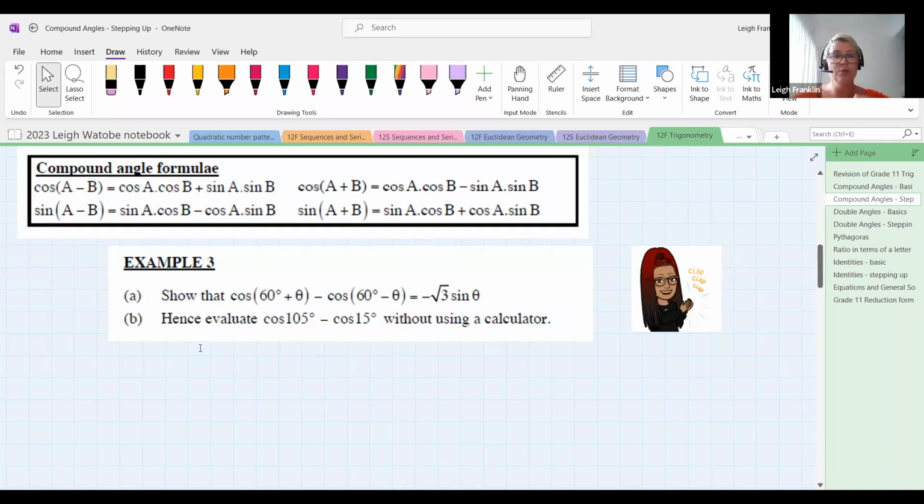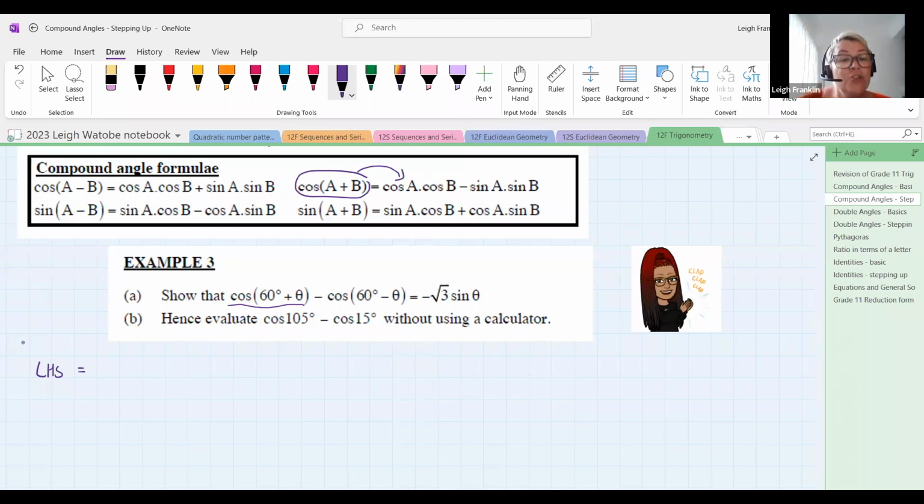Okay, so using our compound angle formulae, let's expand what is on the left-hand side. We are required to write left-hand side equals. It's very important that we're not keeping the left-hand side and the right-hand side the whole way down. I can see that this is a compound angle formula, cos(A + B), so I'm going to expand it accordingly.